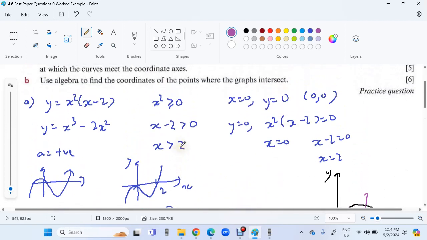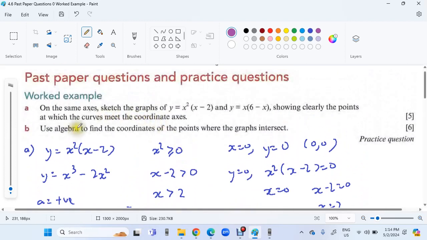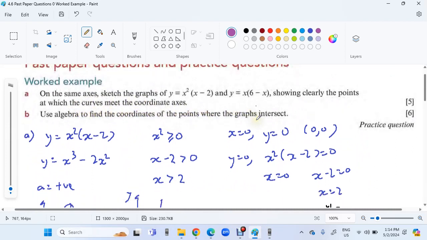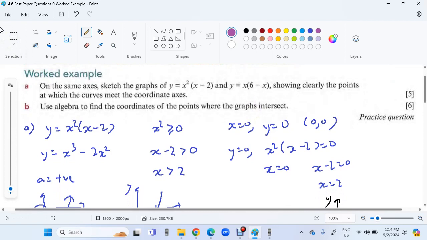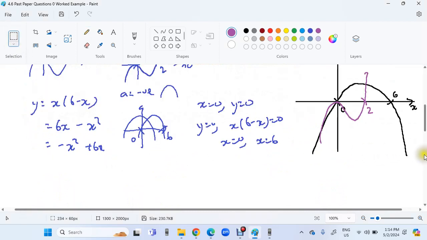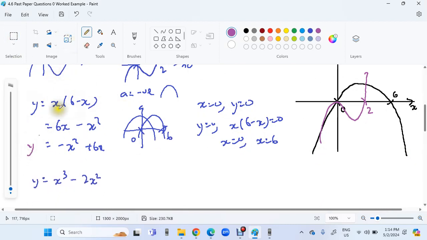Next, we need to use algebra to find the coordinates of the points where the graphs intersect. This one is the first equation, we expand this, and this one is the second equation.